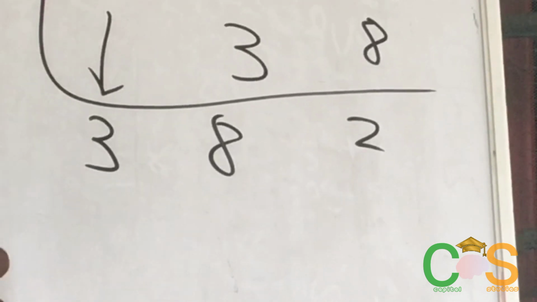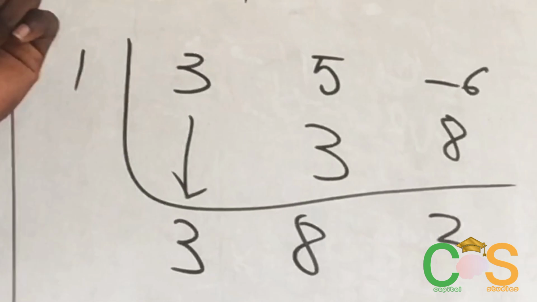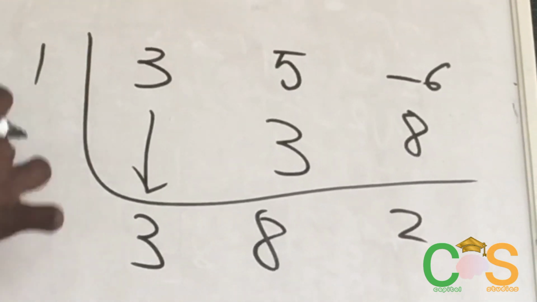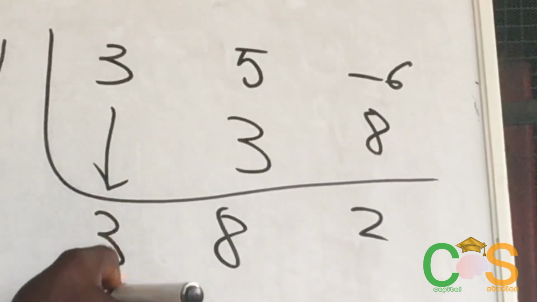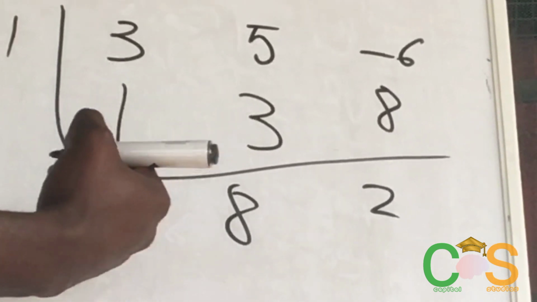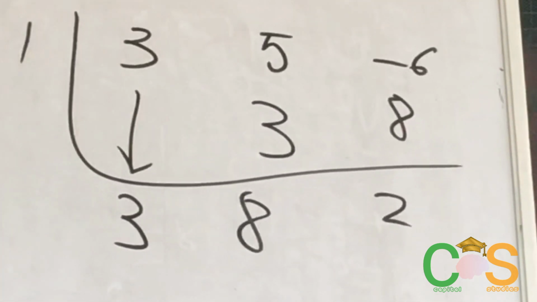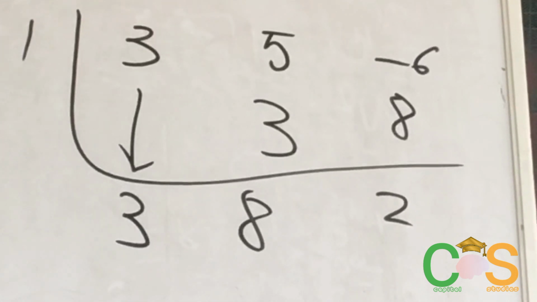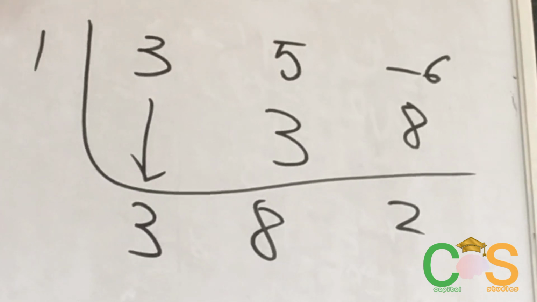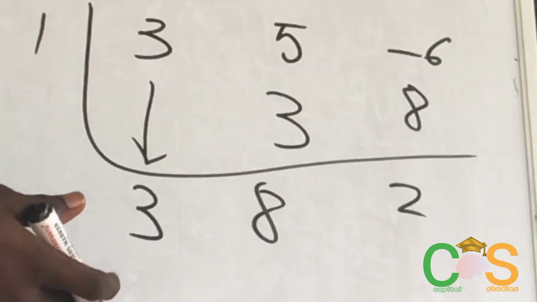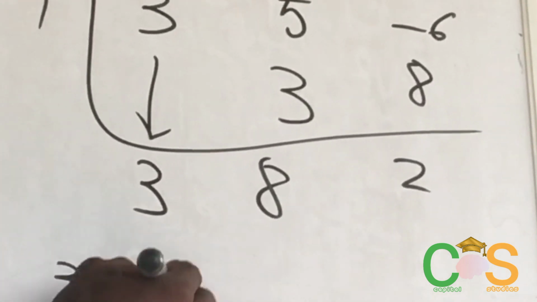Since the highest power was 2, the quotient will have its highest power to be 1, because whenever you divide a polynomial by a monomial function, the highest power decreases by 1. This also applies when the power is x to the power 4: after you divide, the highest power of the quotient will be 3.